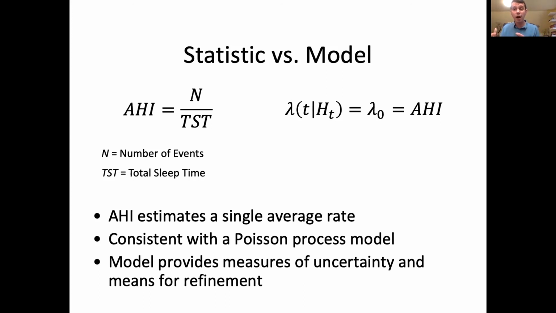Once you've written down that model, you get for free a whole bunch of tools surrounding that. In particular, you get tools assessing goodness of fit, so you can immediately determine whether the AHI alone is capturing the statistical structure that's present in the data. But you also have additional measures of uncertainty. So for example, you get for free, based on that modeling, a notion of confidence intervals about that AHI.